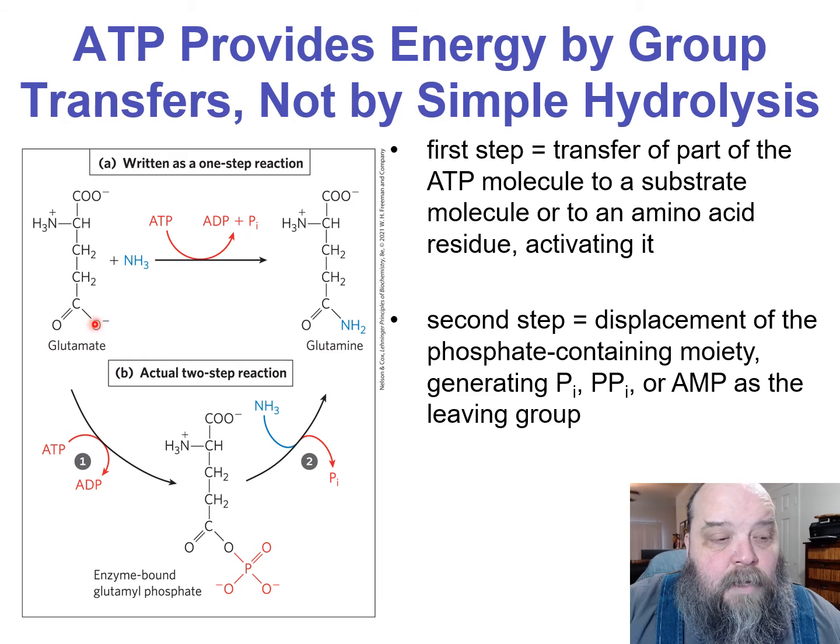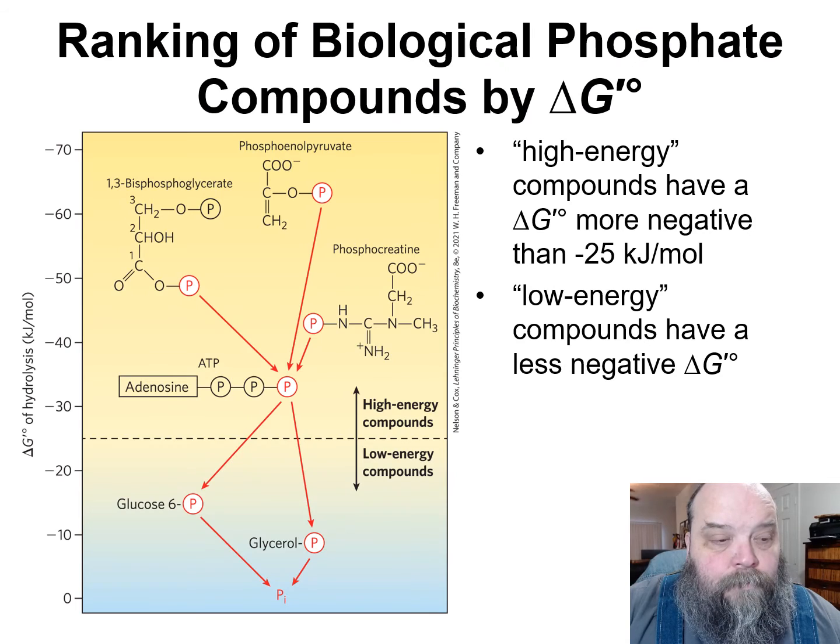Hydrolysis of ATP attacks this carbon here, puts in inorganic phosphate. The ammonia attacks the same carbon again, displaces this inorganic phosphate, releasing it, and now you have an amine group here attached to the carbon chain, giving you glutamine.